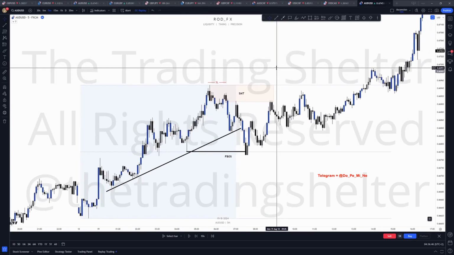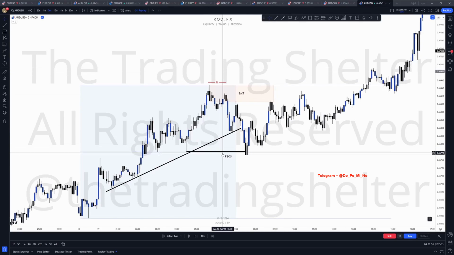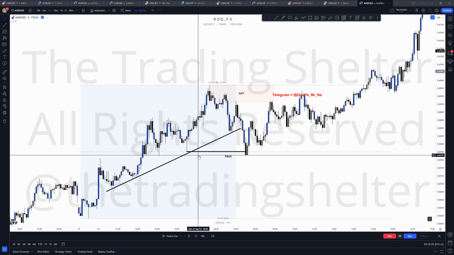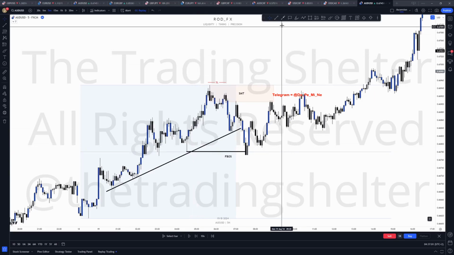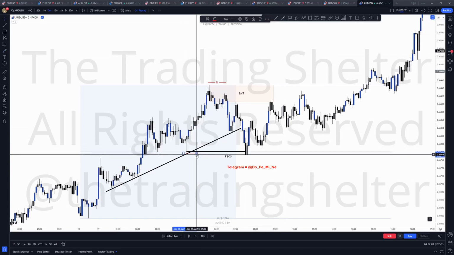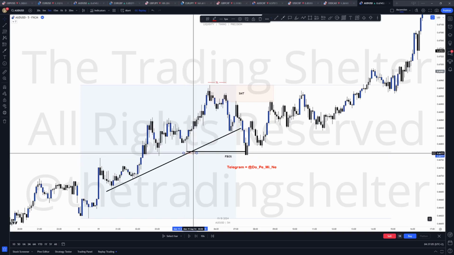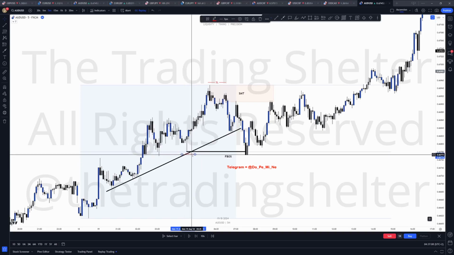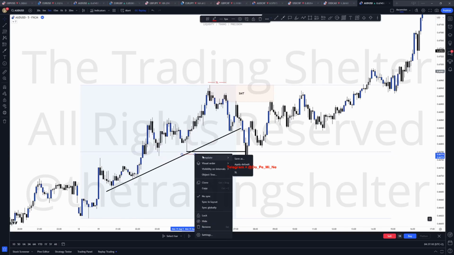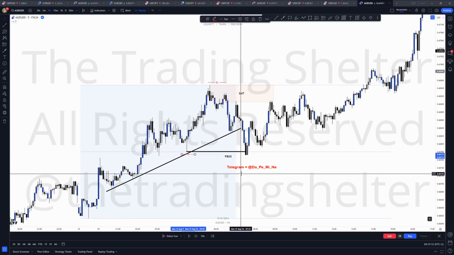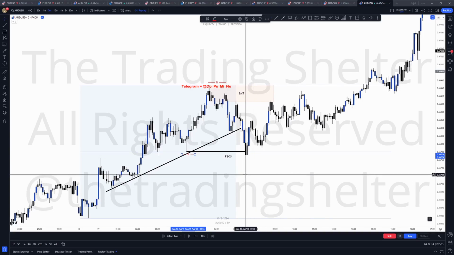When you have trend lines that break like this, you can call those false breaks of structure also, but what you want to search for is structural inducement. In this case, this point here, right? There's this point that got induced.